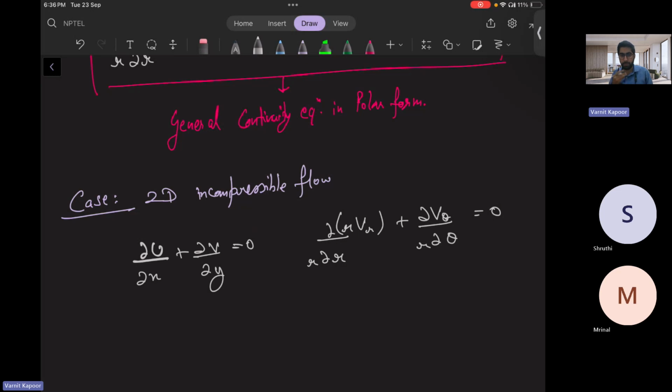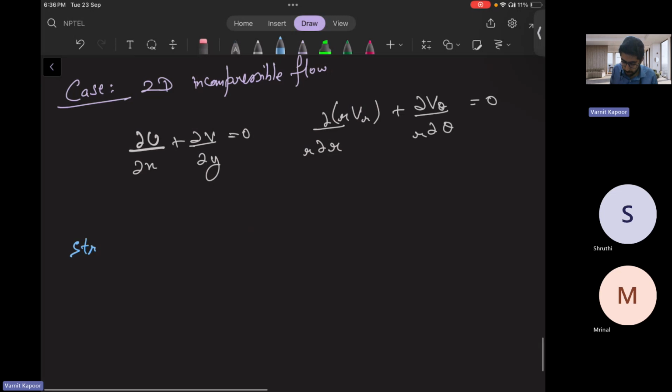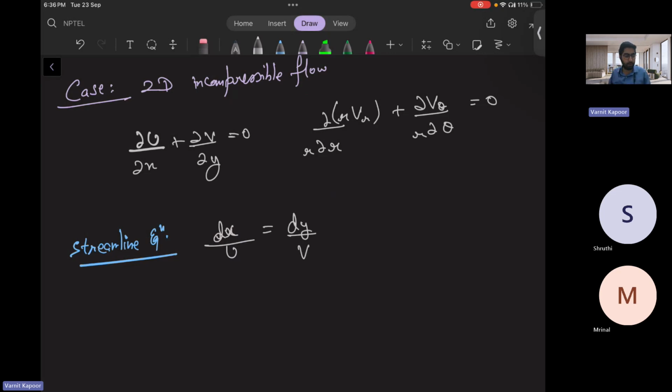And what will be the streamline equation? For Cartesian, what was the streamline equation we did in the last tutorial? That is dx by u is equal to dy by v. Similarly, dx here will be dr, and u is vr, and dy is r d theta. So dr by vr is equal to r d theta by v theta.